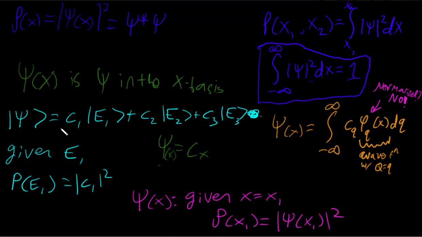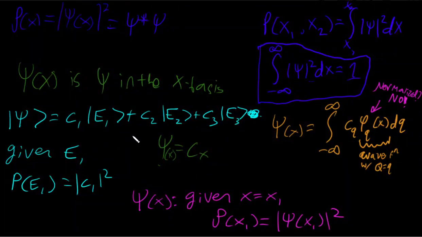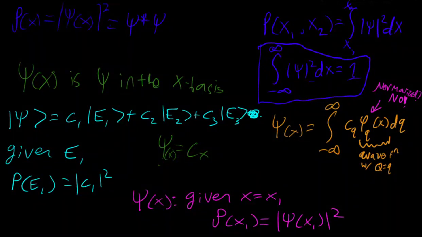Because when we're written in the energy basis, it gives us all the information we need right away, without having to do any inner products, what the probability of having a certain energy is. Just like when you're written in the color basis, it told us right away, using just the coefficients, what our probability of it being white or black is.